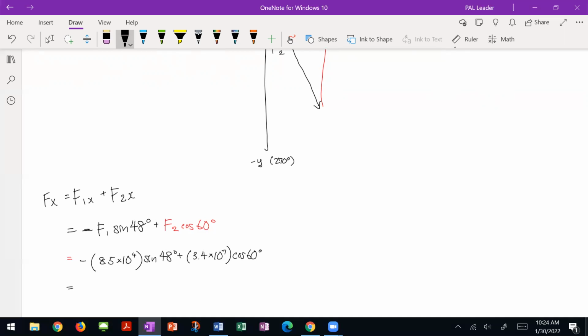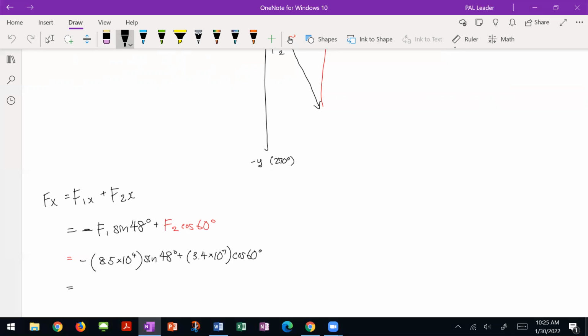I'm going to put that in my calculator just in case. Let me see. Negative sine 48 plus 3.4 times 10 to the 7 and cosine 60.